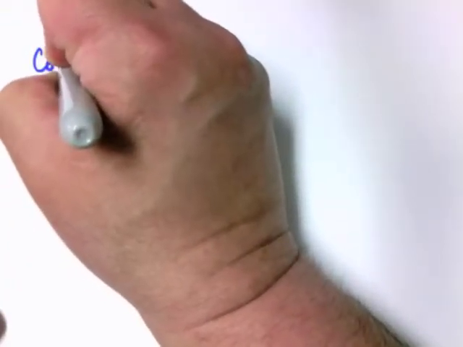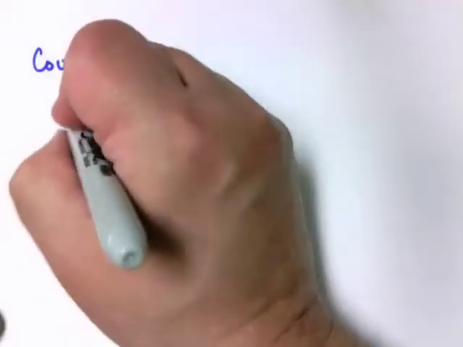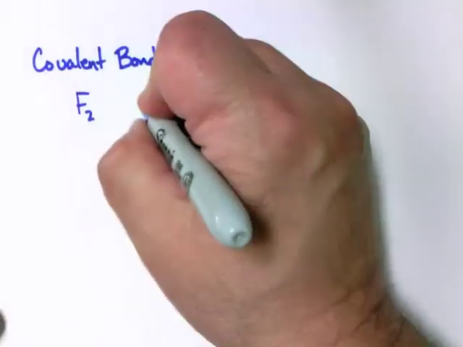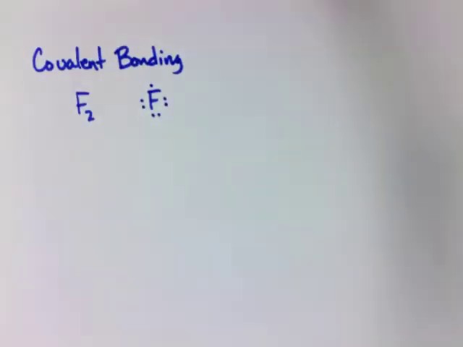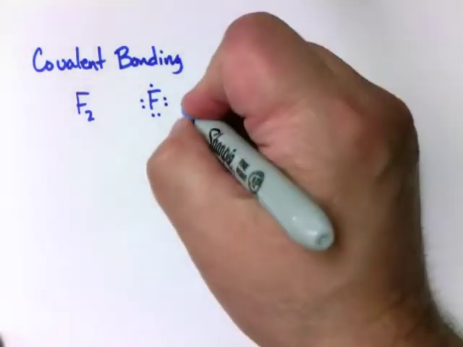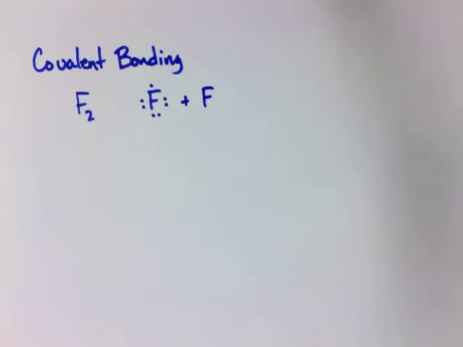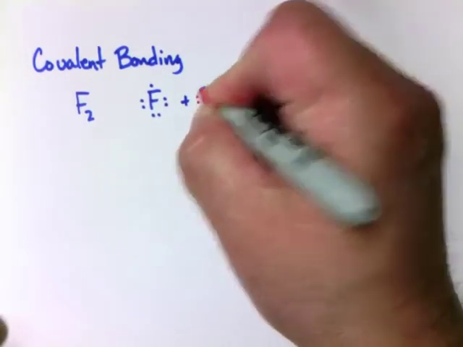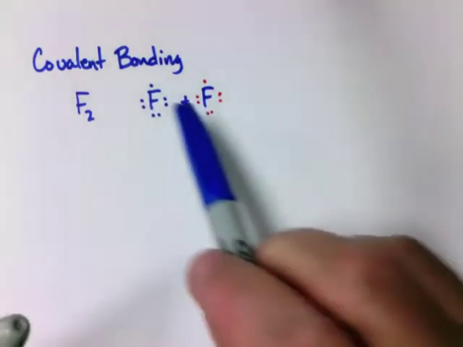All right, let's next turn our attention to covalent bonding. And as a first example, let's consider diatomic fluorine. Fluorine, being a halogen, has 7 valence electrons. And if we are going to combine 2 fluorine atoms, I'm going to use a different color to represent the electrons of the other fluorine.